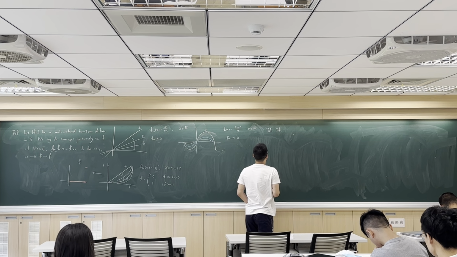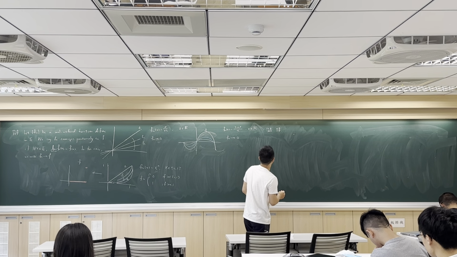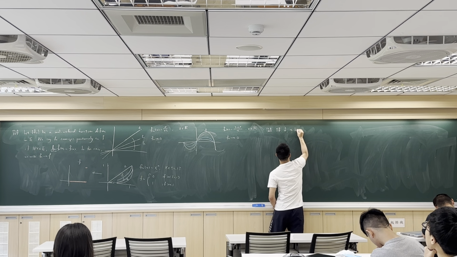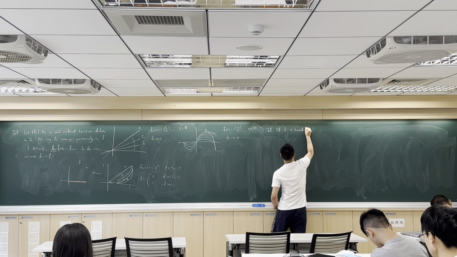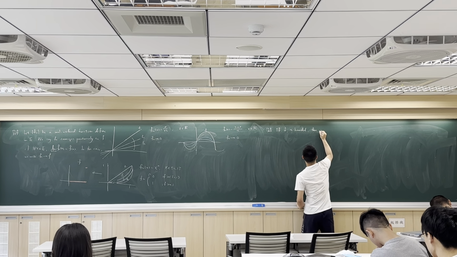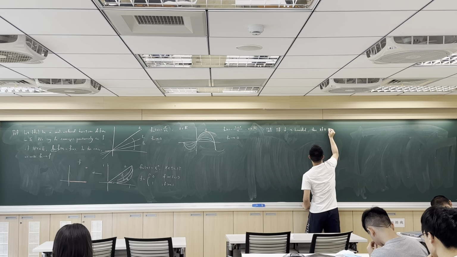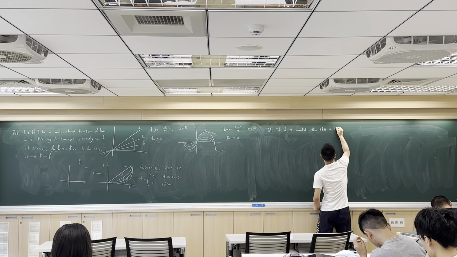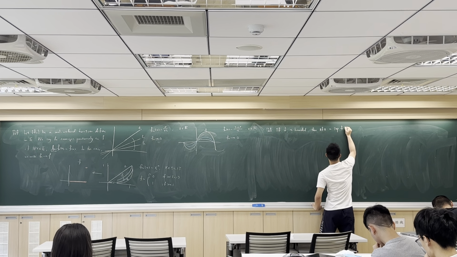Next, we define the norm of f. If f is bounded, then we define the norm of f to be the supremum of |f|.